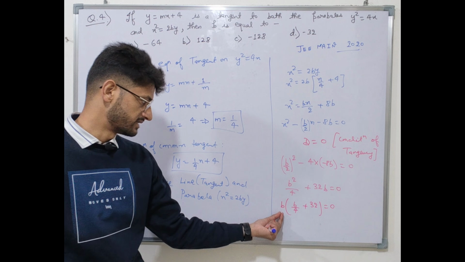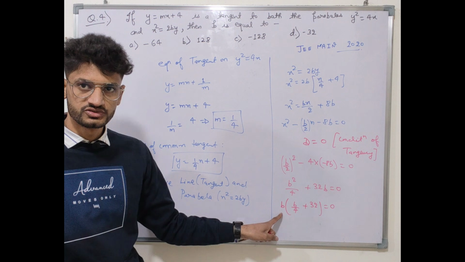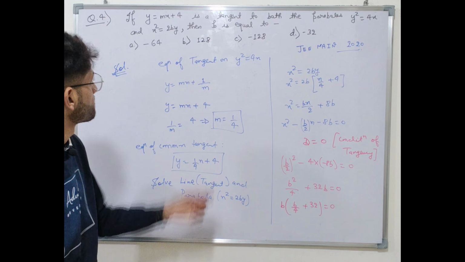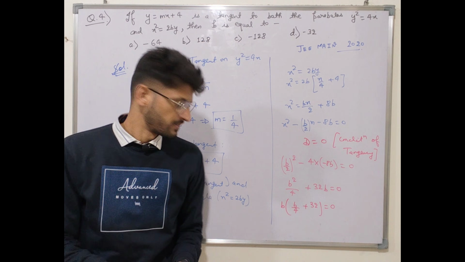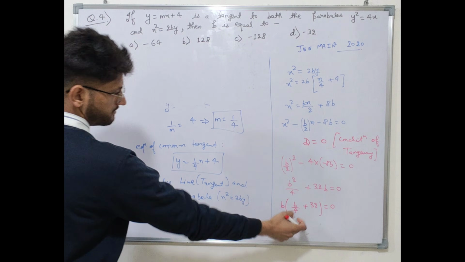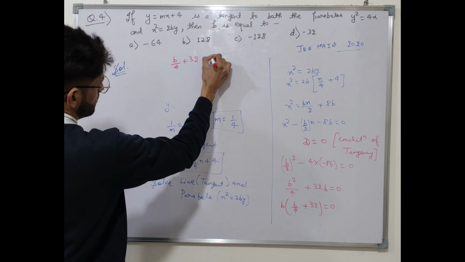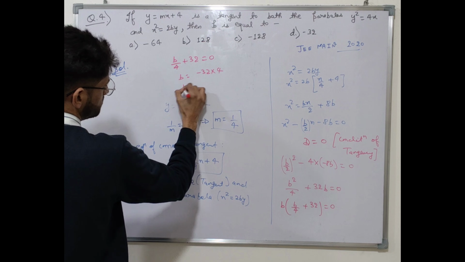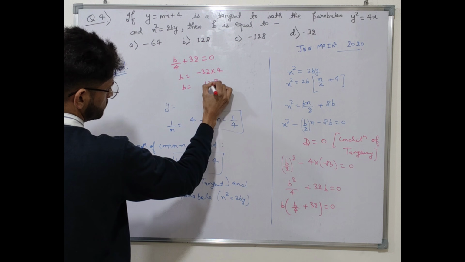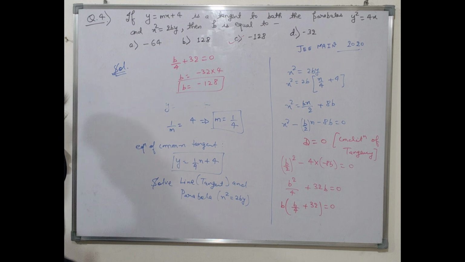Now two factors: either b will be 0 or b by 4 equals minus 32, but we can't take b equals 0, because if we take b equals 0, then our parabola equation will become x square equals 0, no more a parabola. So we can say b upon 4 plus 32 equals 0, and b is equal to minus 32 multiplied by 4. It will be nothing but 4 twos are 8, 4 threes are 12, minus 128. So option C is our right answer.